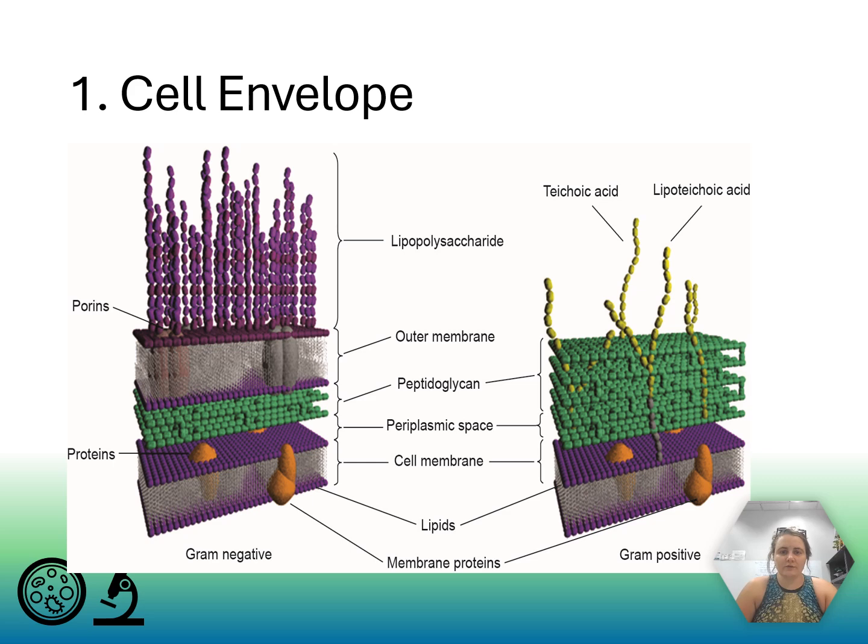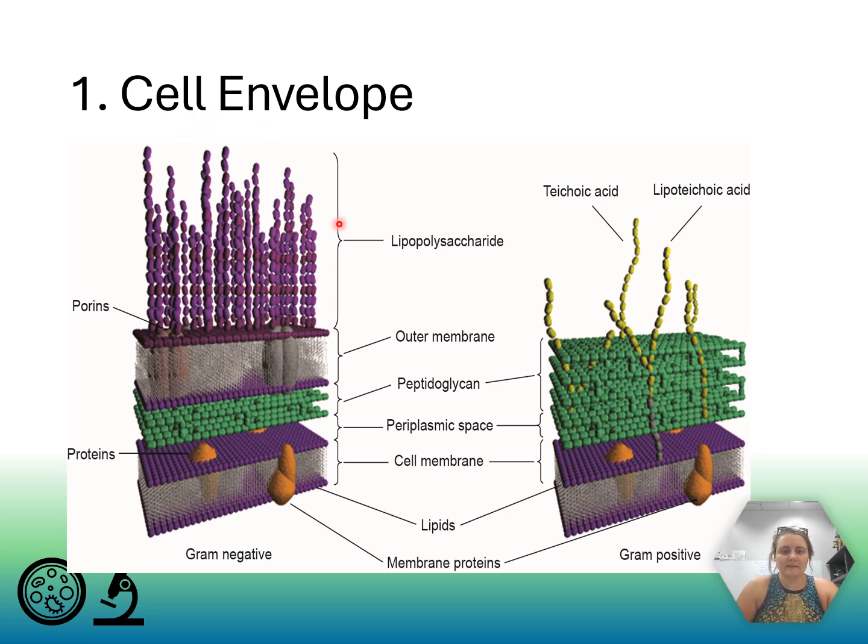So I want to show you 2 different cell envelopes. The one on the left is a gram-negative, and the one on the right is a gram-positive. You'll see that they have different structures. Gram-negative is going to have this bottom lipid layer, a cell membrane layer that has membrane proteins in it. It's going to have this periplasmic space, and then a thin layer of what we call peptidoglycan, which is a type of protein, an outer membrane, and then these lipopolysaccharides.